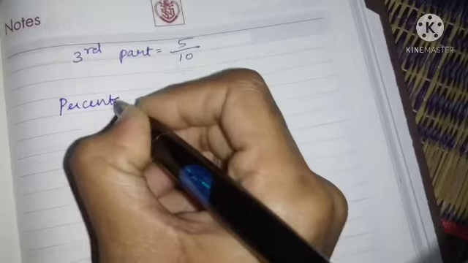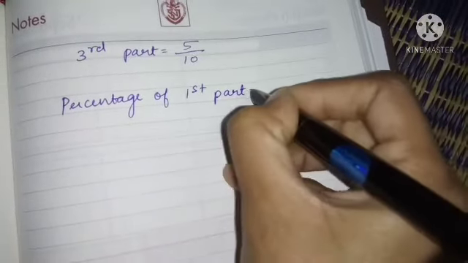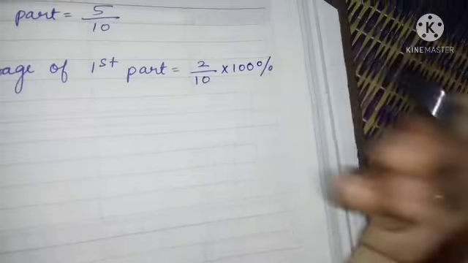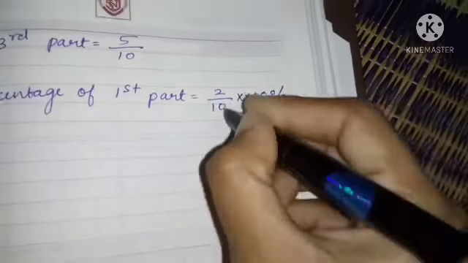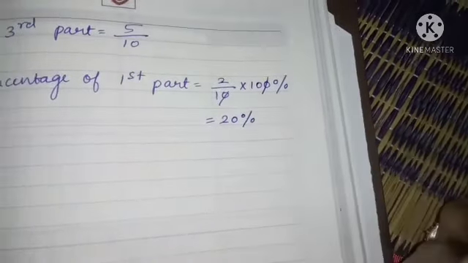So now I am going to find the percentage of the first part, which is equal to 2 by 10 into 100 percentage. Don't forget to put the percentage, because we have to convert them into percentage. So they cancel. 2 into 10, 20 percentage.